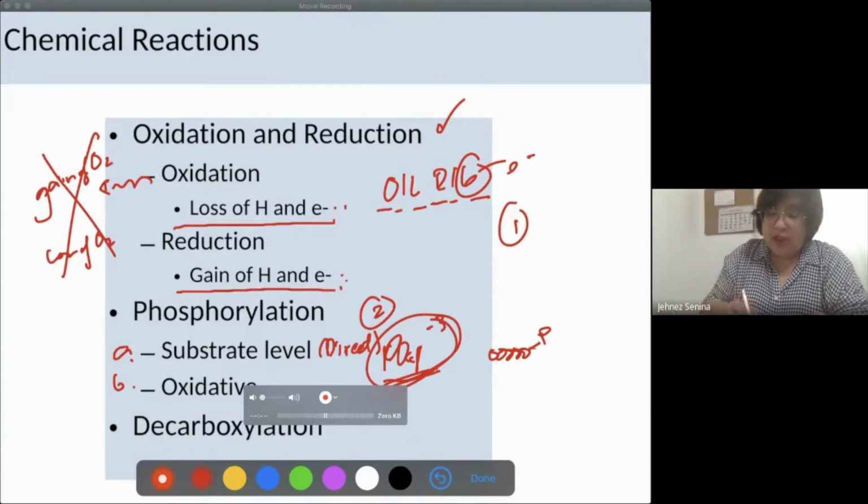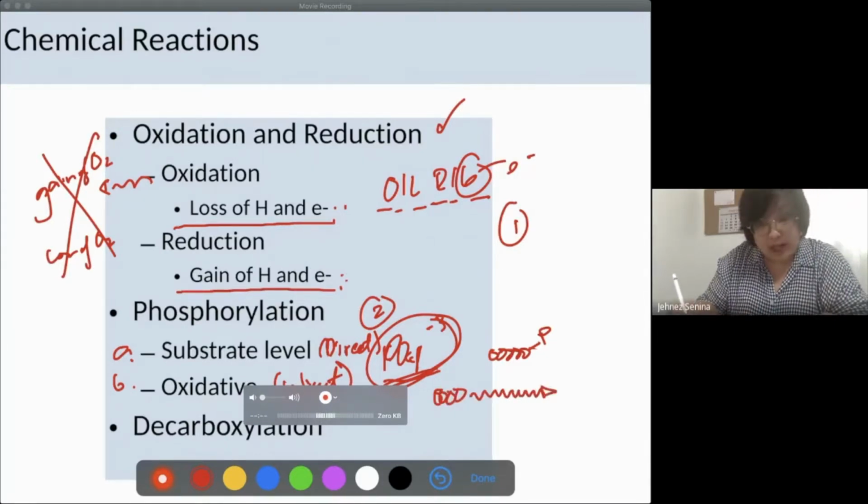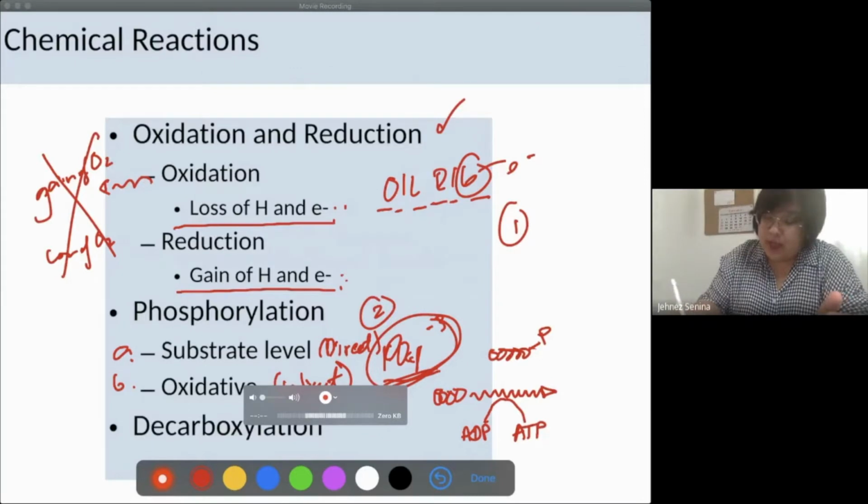What is oxidative phosphorylation? Oxidative phosphorylation is indirect, meaning you will have molecules that undergo a series of oxidation and reduction reactions, and in the process, a phosphate is attached to an ADP to form ATP. So this molecule goes through a series of oxidation reactions to become a product, and as a consequence, phosphate is added to your ADP to form ATP.